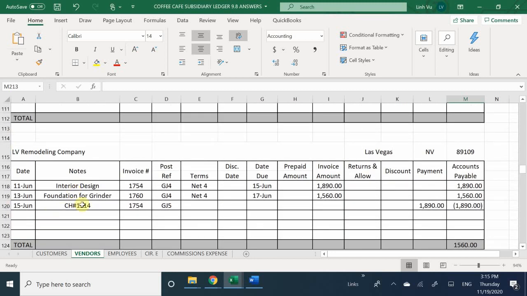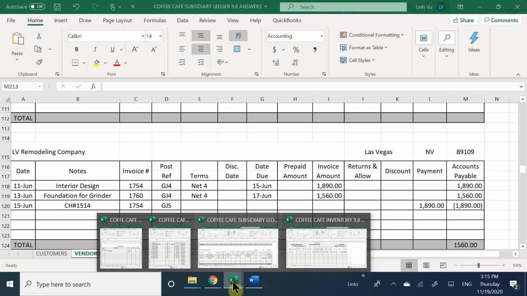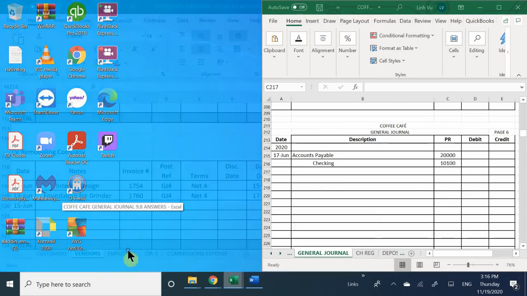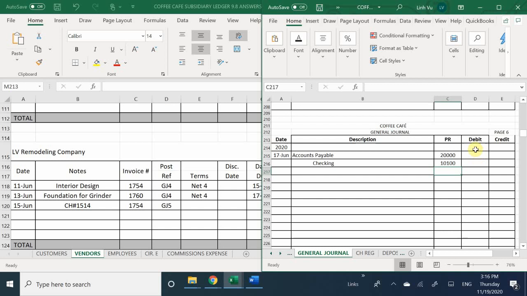Here we are for 1760. You owe them right now 1560. So we'll put that in the debit column and then the 1560 in the credit column for checking.